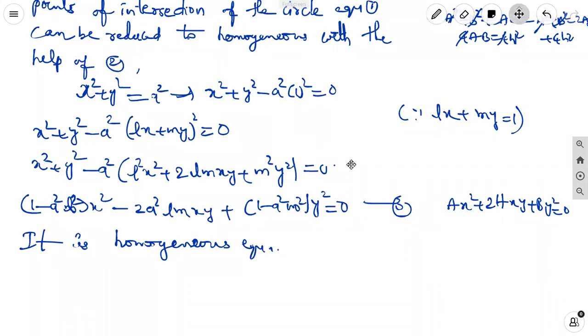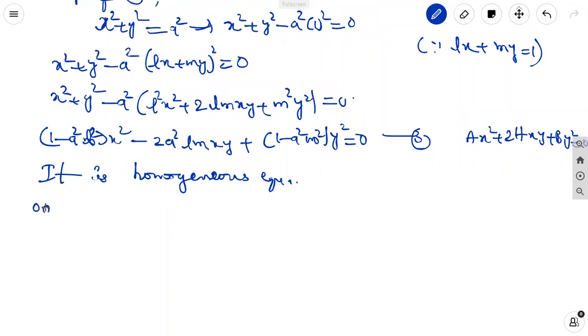From this, the two lines OA and OB are coincident.